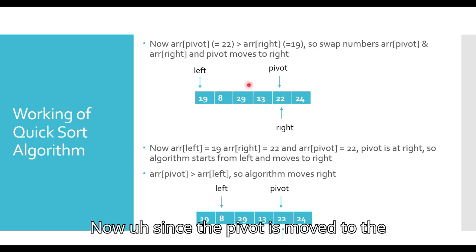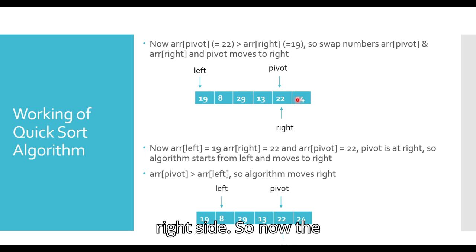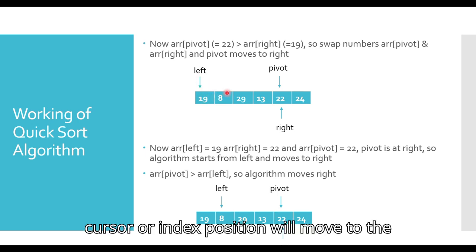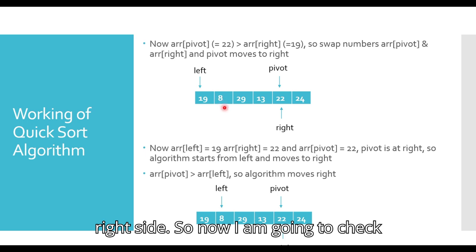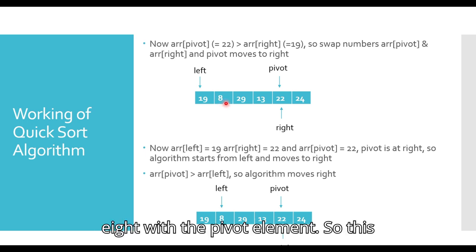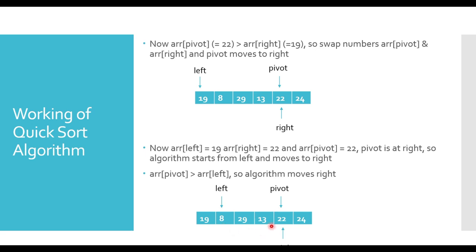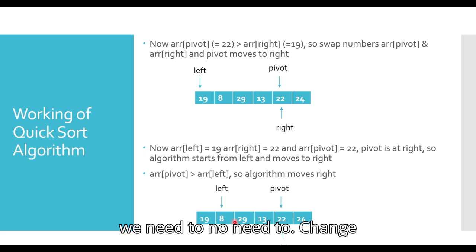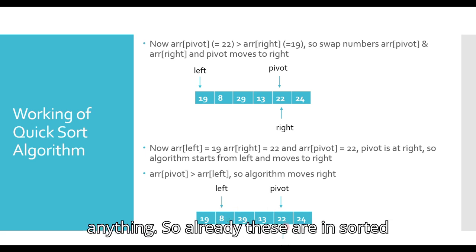Now since the pivot has moved to the right side, the comparison will move from left to right. Earlier it was at 19, so now the index position will move to the right. Now I check 8 against the pivot element. This 8 is less than 22, so there is no need to change anything; these are already in sorted order.